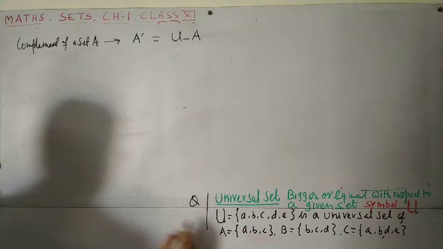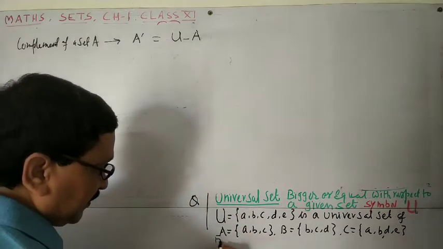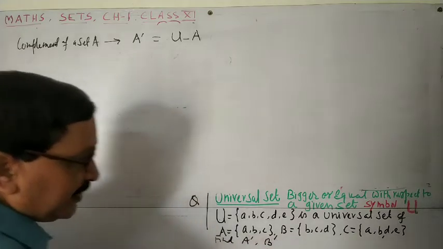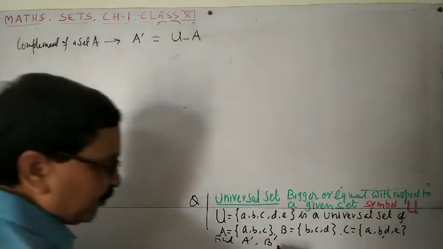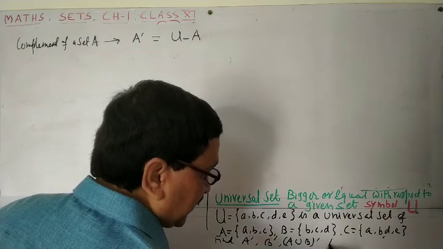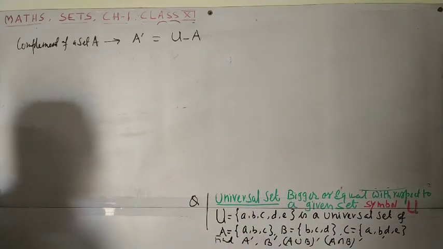Suppose this is the question: find the value of A complement, B complement, A union B complement, A intersection B complement. All these you can have.